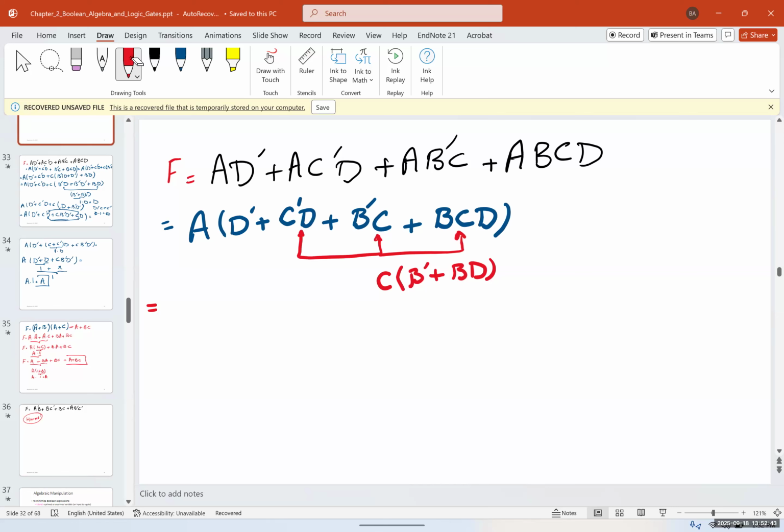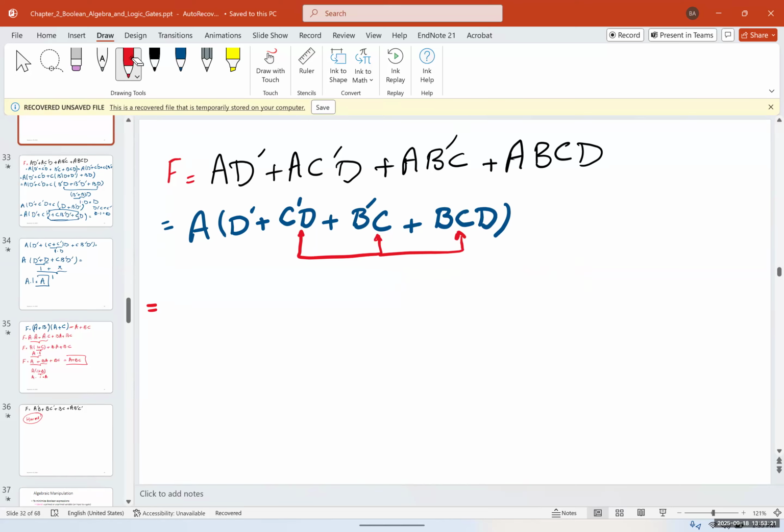You can combine these three, and they're going to be C D prime plus B prime plus B D, with the not, that not, C prime, and just move to D.